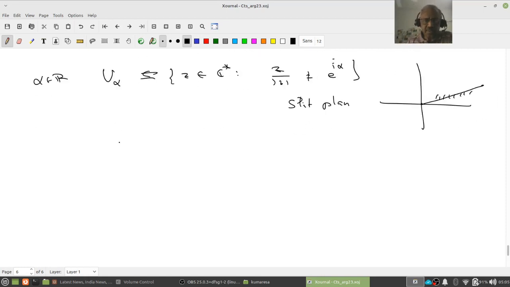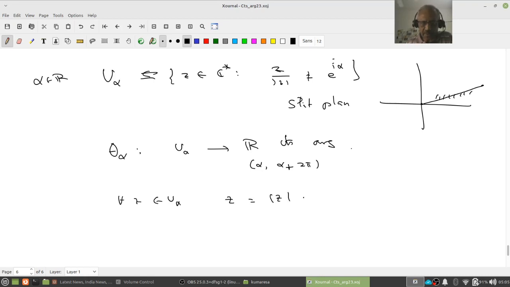So we know on this there exists a continuous argument, theta alpha from U alpha to R. It actually takes values in alpha to alpha plus 2 pi. That for every z in U alpha, z equals mod z into exponential i theta alpha of z. All these things we have shown.